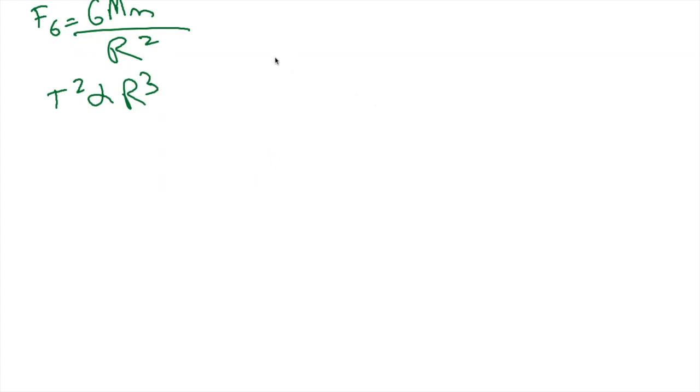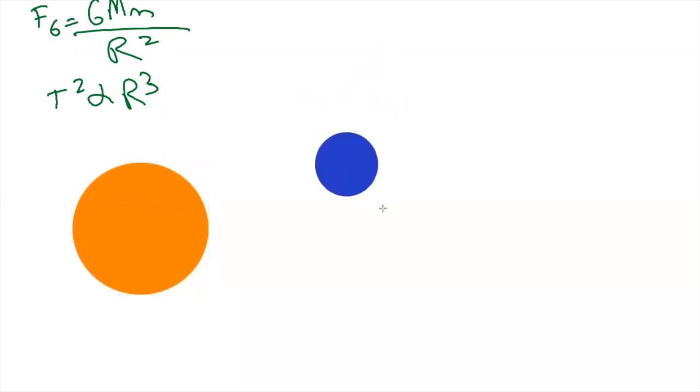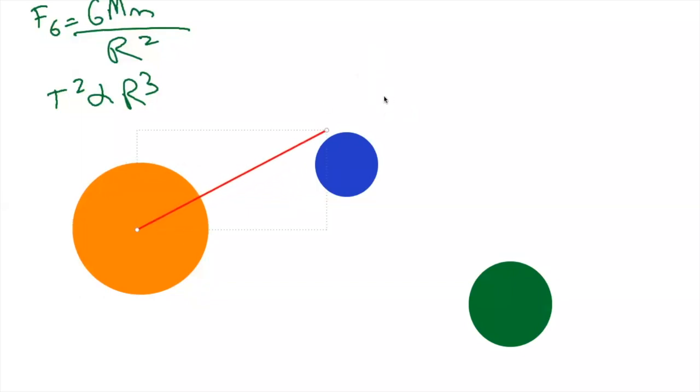I have a big mass here at the center, and two small masses, one here and one here. We have a green and a blue mass. Now I am going to show the distance, the separation from the center to this point, and in a different color, the second distance.